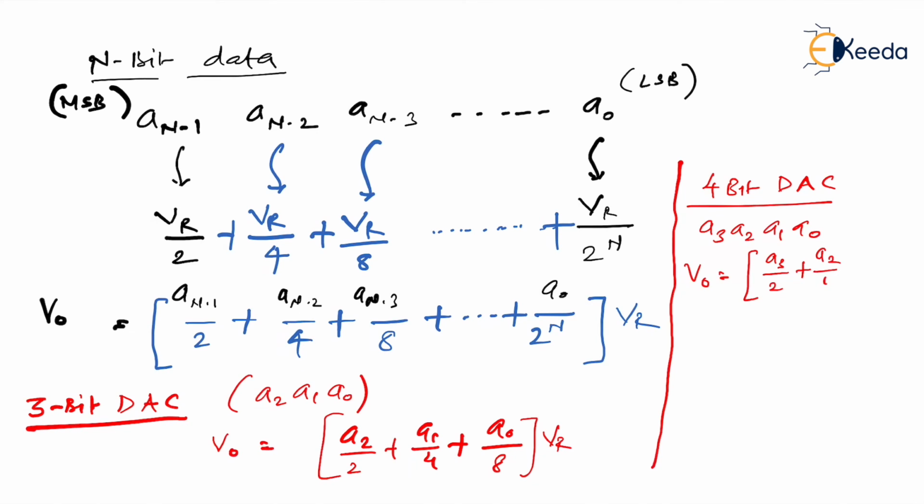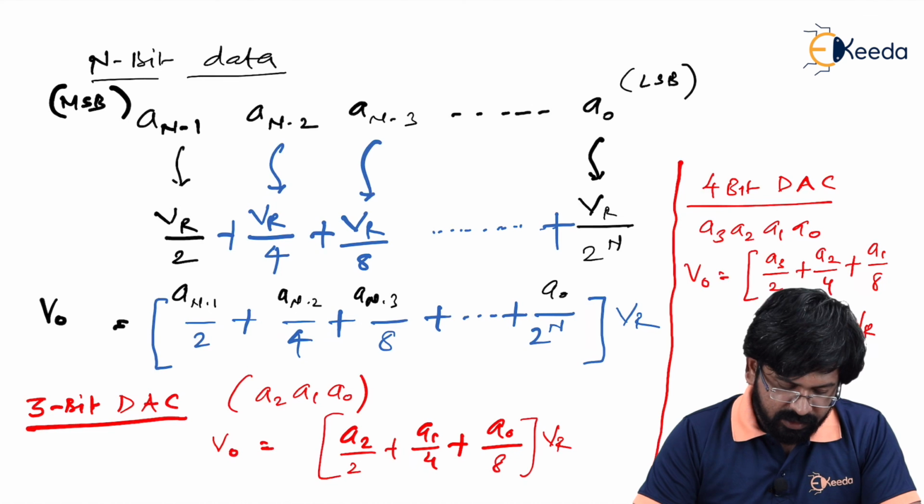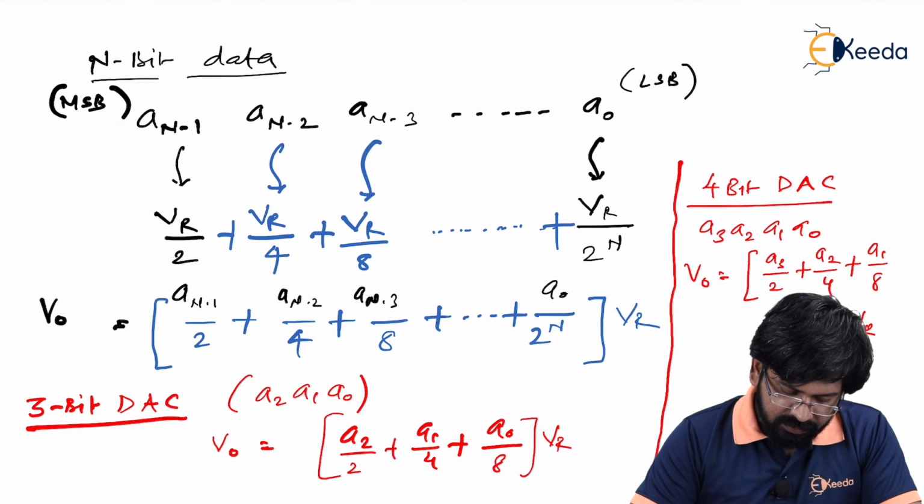Then A2 by 4, then A1 by 8 plus A naught by 16, and then whole multiplied by VR, where VR is a reference voltage. So this is how you should remember for n-bit DAC. So I'm sure you understood this. Thank you.